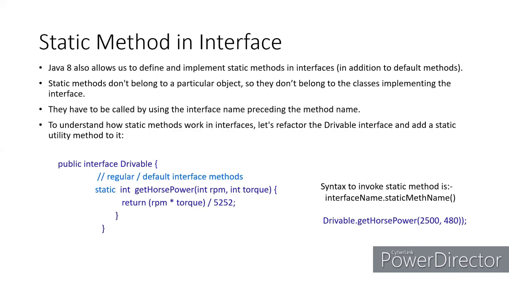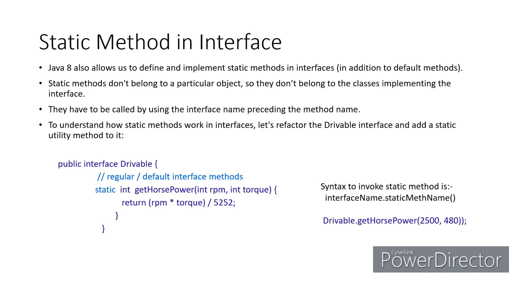So suppose in the rollable interface I want to add some utility method, some extra method which is common for all the implementation classes, be it a ball or a tire, all of them should have some common functionality. I can implement that functionality as a static method, which will belong to that interface instead of belonging to an object. That is what static is all about.